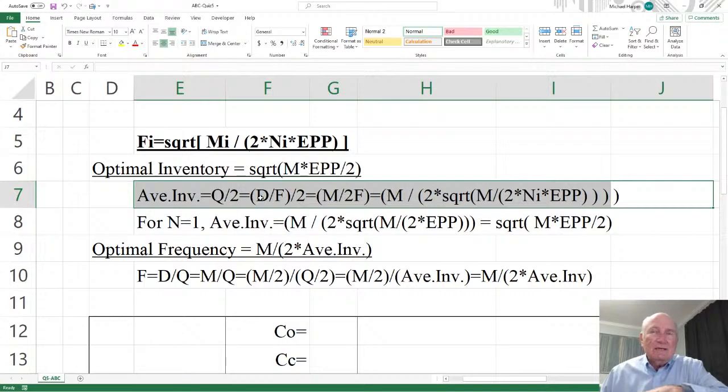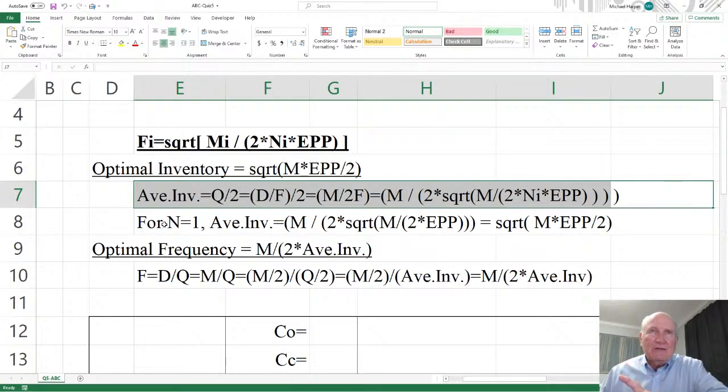But D, the demand in dollars in the ABC classification, I've labeled M. So it's M over 2F. F, bringing this equation down here, is the square root of M over 2N EPP. But N here is 1, because we're going to do this for each SKU item, not a class.